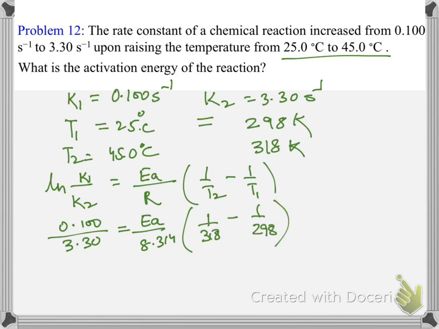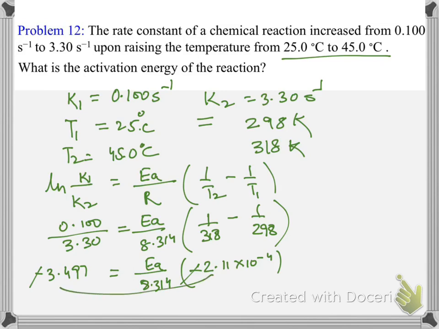Let me show you a little bit more work. Negative 3.497 equals EA over 8.314 times the parentheses, which should give negative 2.11 times 10 to the negative 4. You can cancel out this negative sign with this negative. This comes in the denominator, this goes in the numerator.